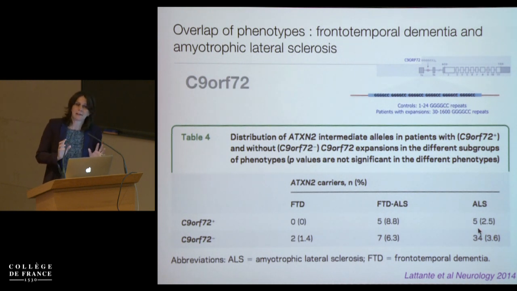Because we didn't understand before why this same mutation gives rise to amyotrophic lateral sclerosis, nothing to do really with dementia, or a complete dementia phenotype. So perhaps it's the ataxin-2 gene that is the major modifier of the expansion in C9orf72.